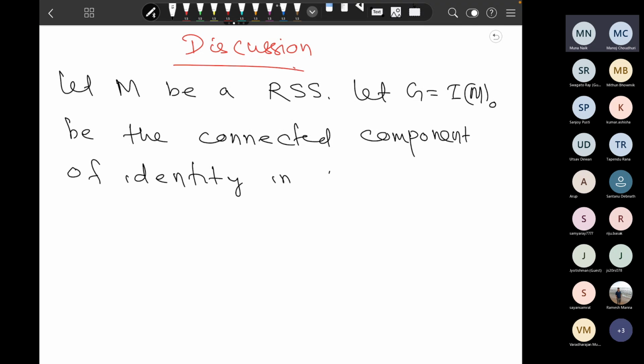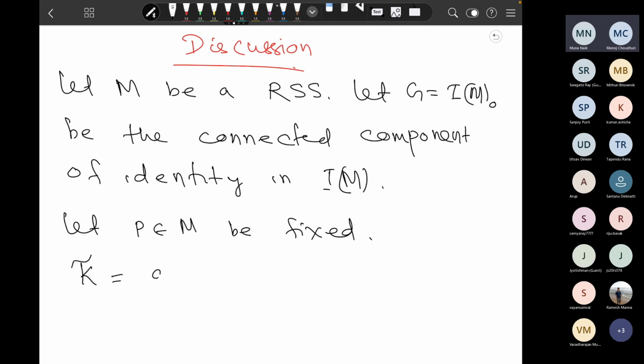Let p belonging to M be fixed; I will always fix this base point. And let K tilde be the set of g belonging to I(M) so that g dot p is equal to p.